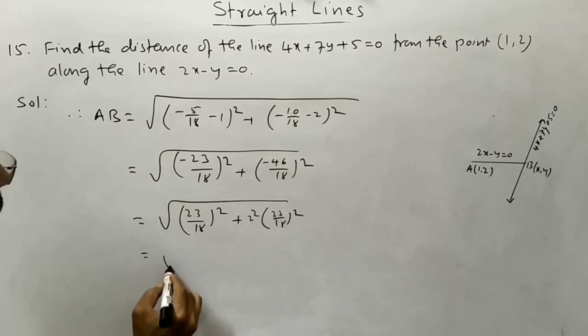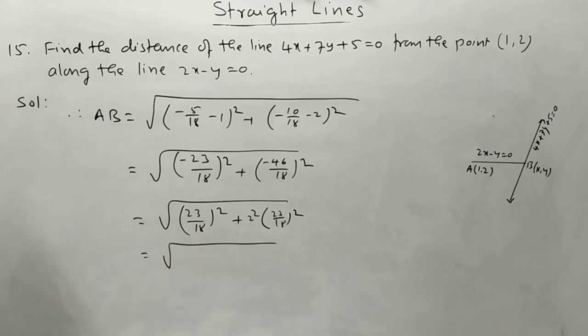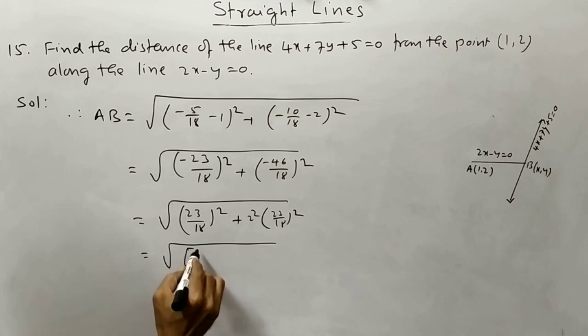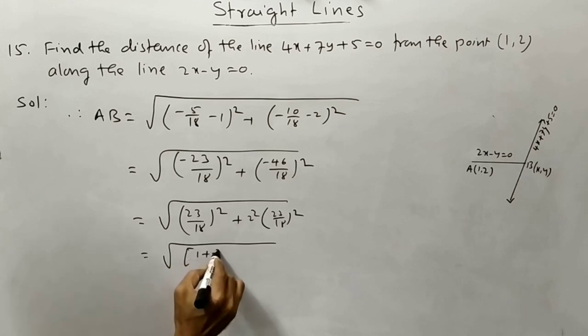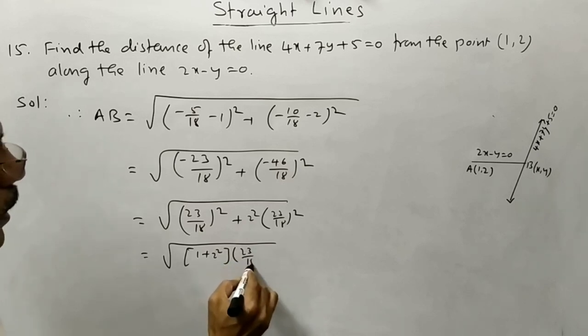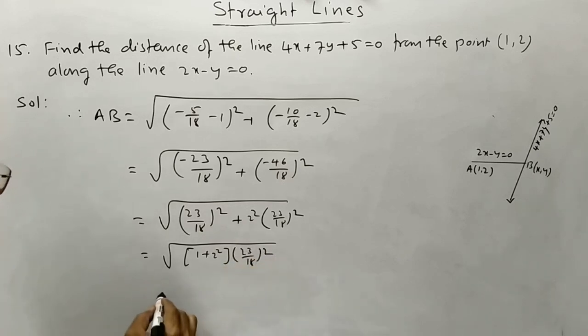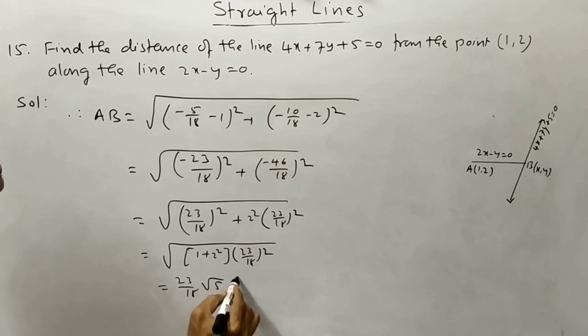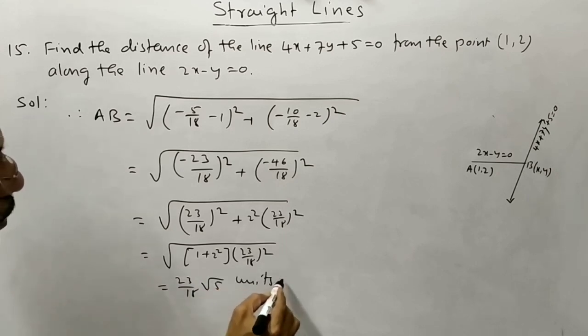This is equal to square root of (1 plus 2 square) into (23 by 18) whole square is equal to 23 by 18 when you take out from this square root symbol, root 1 plus 4, that is root 5. Here it is.